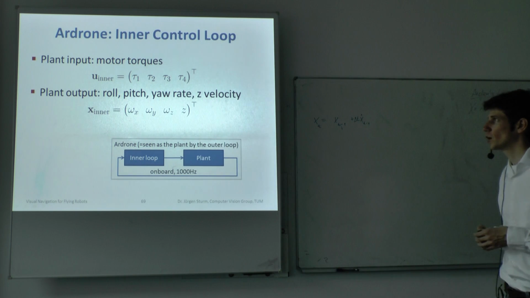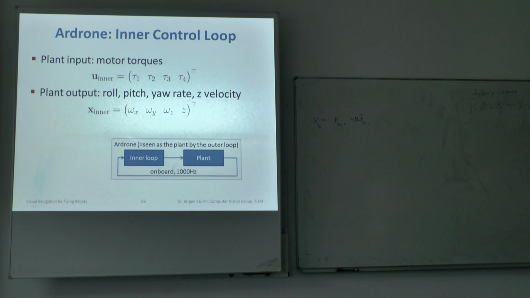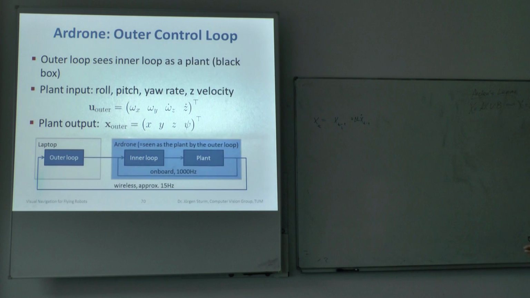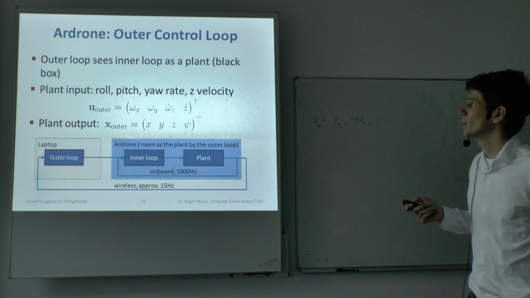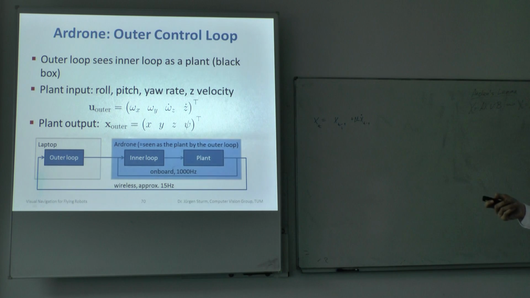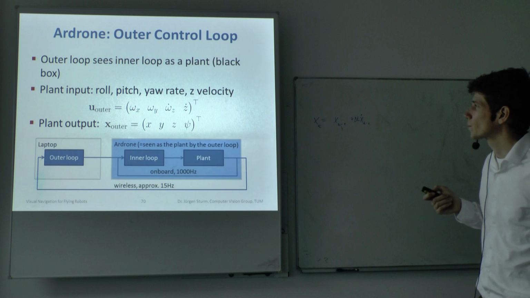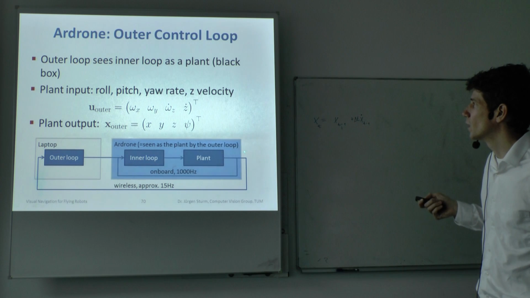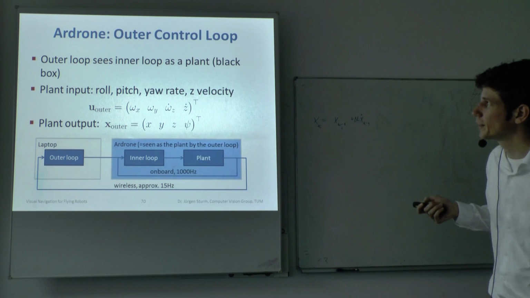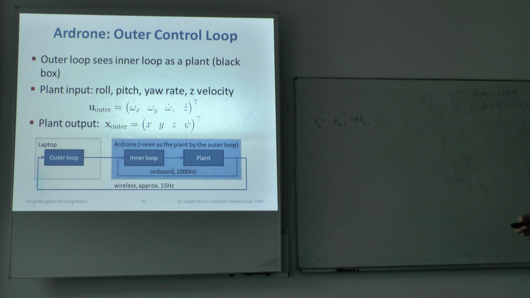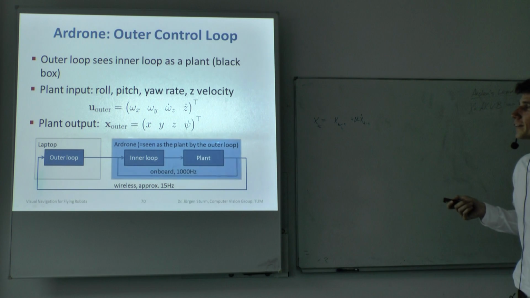The outer control loop that runs off-board on the laptop gets again the odometry information and sends back images, and these images are then transformed to positions in X, Y, and Z direction.